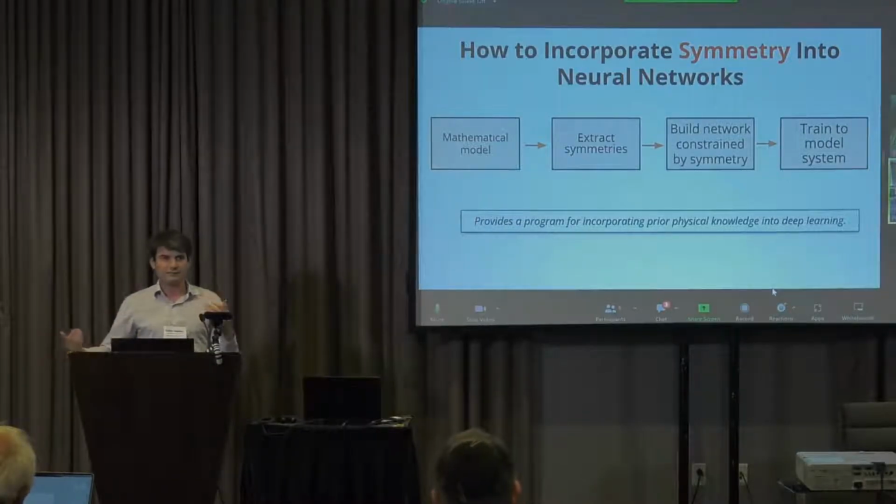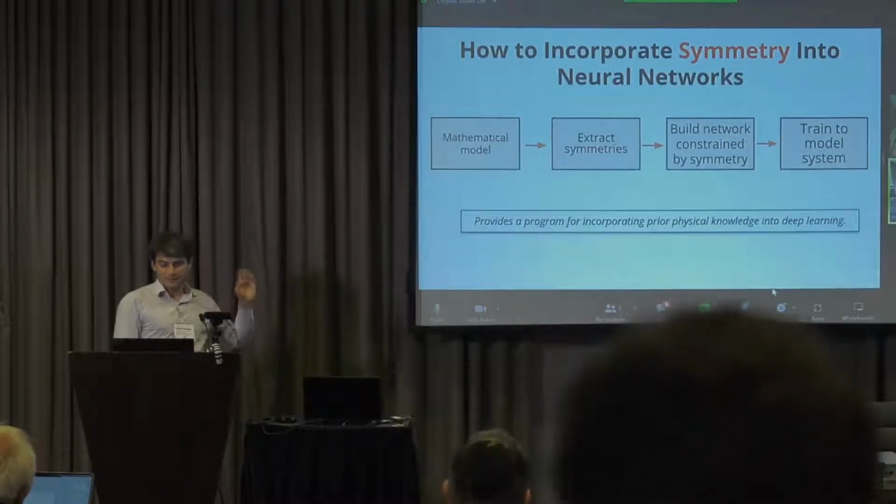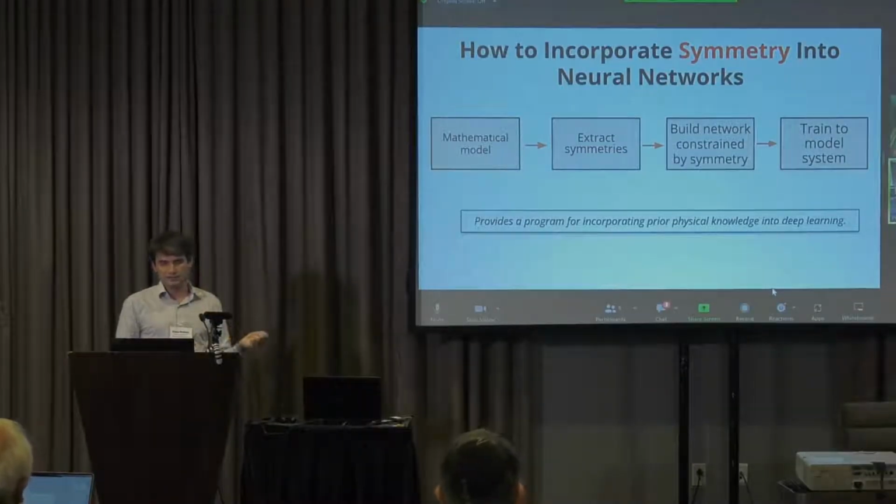Then I extract the symmetries of that system. Then I forget the mathematical model. I just keep the symmetries. Then I build a neural network that has those symmetries built into it as constraints. And then I train that model to try to understand the time evolution of that system, for example, like solving a PDE or something like that.